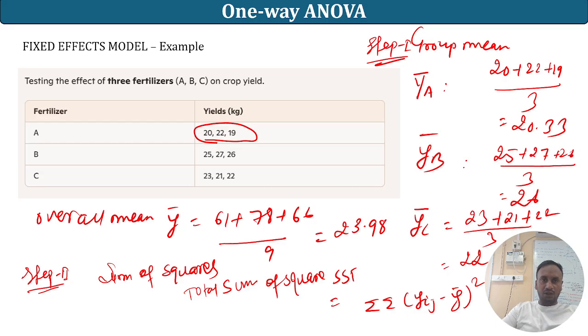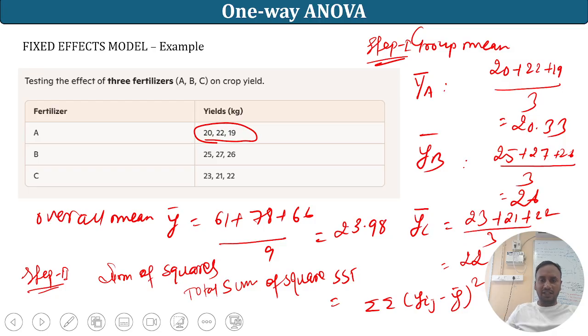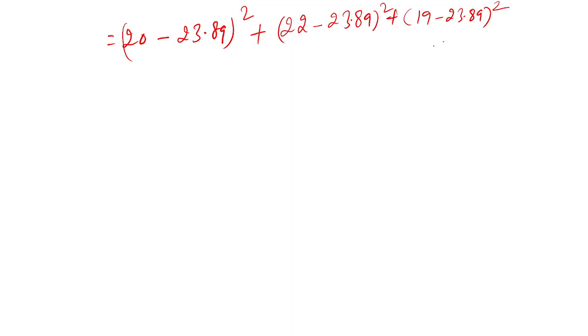First one, 20 minus 23.89 whole square, plus second value, 22 minus 23.89, plus 19 minus 23.89. Actually, we have to use the overall mean. So this is for one group.